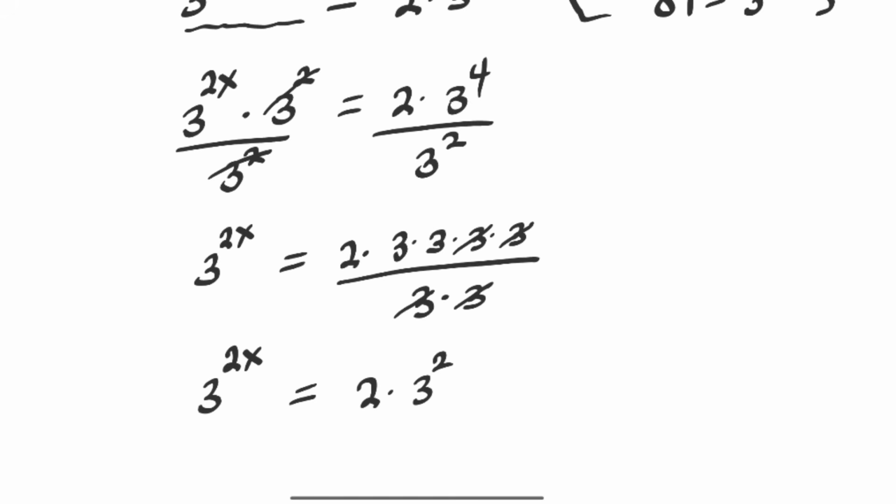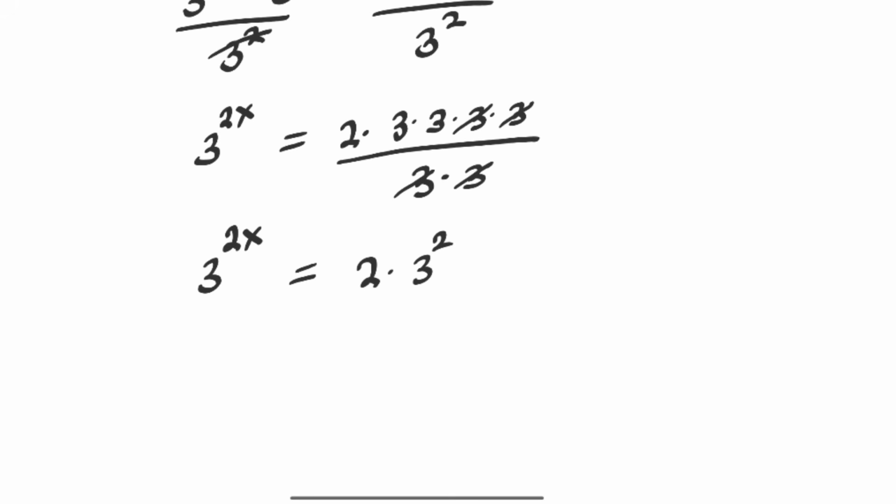Now let us take the log on both sides of this equation. We have log 3 raised to power 2x is equal to log 2 multiplied by 3 square.